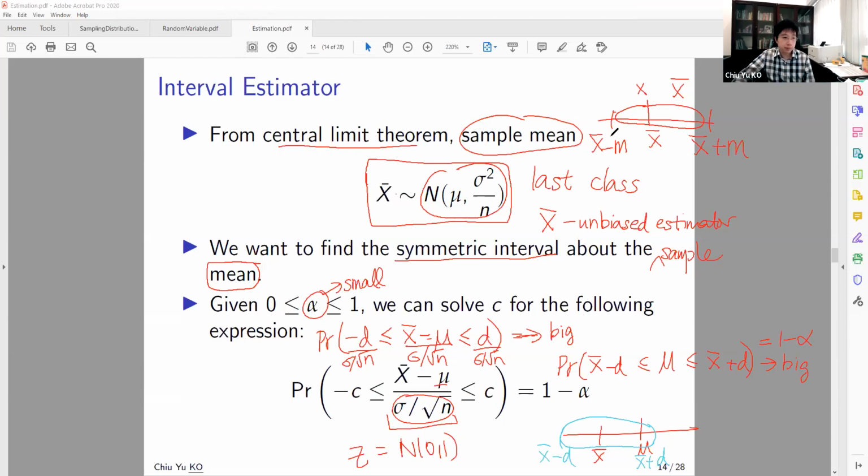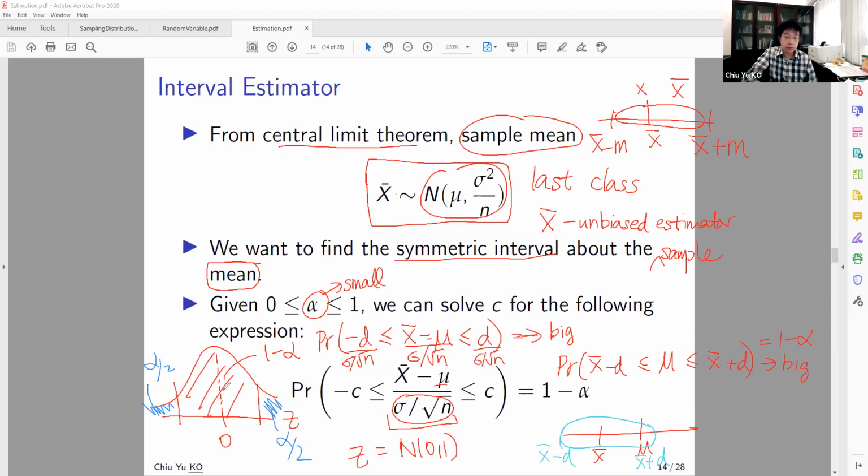And we know, if Z is centered at 0, we want this area to be 1 minus alpha, and we want it to be symmetric. So this area is alpha over 2, and this area is alpha over 2. What is this number?